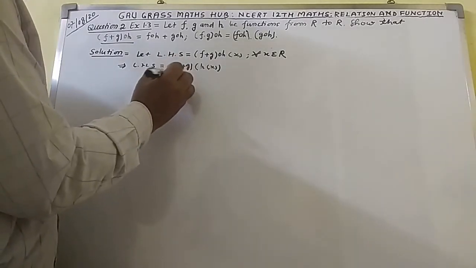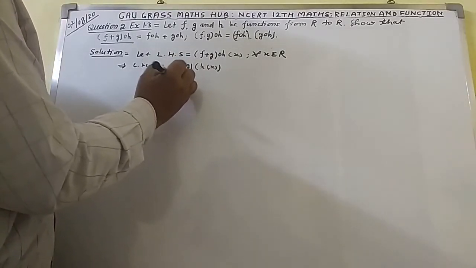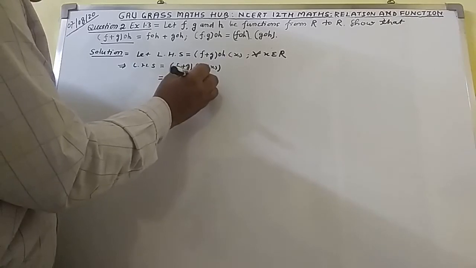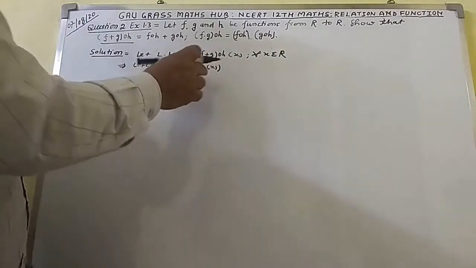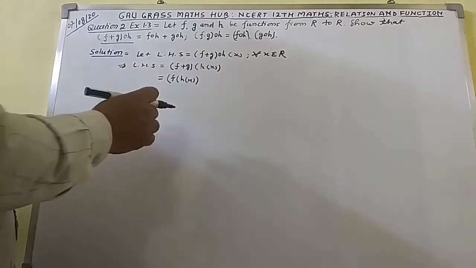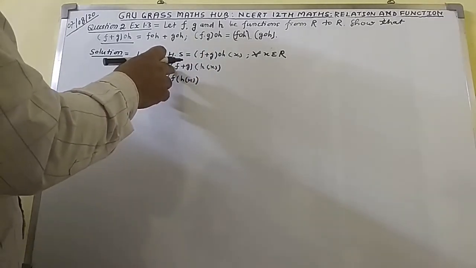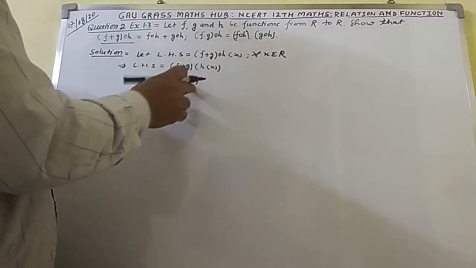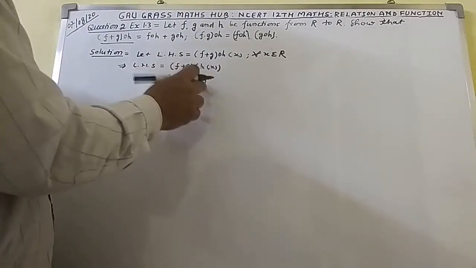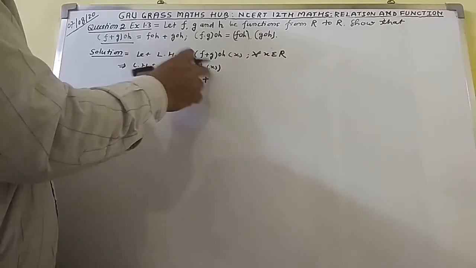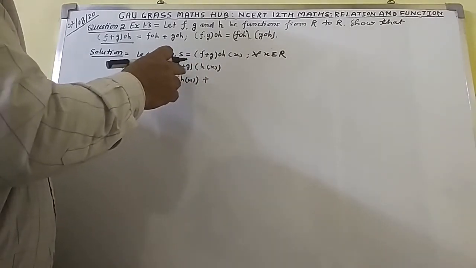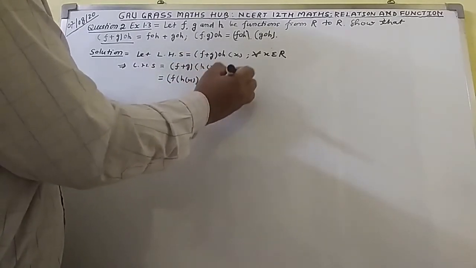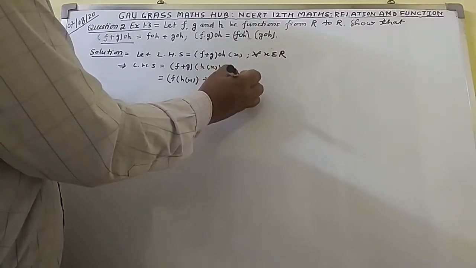So here we will write f(h(x)). Here you can see h(x) has entered and connected to f, so this will become f(h(x)) plus, this plus sign will come here, and this h(x) will enter and get related to g, so this will become g(h(x)).